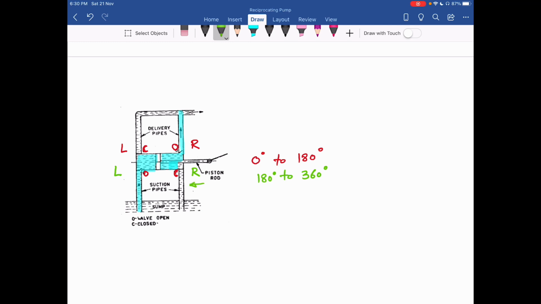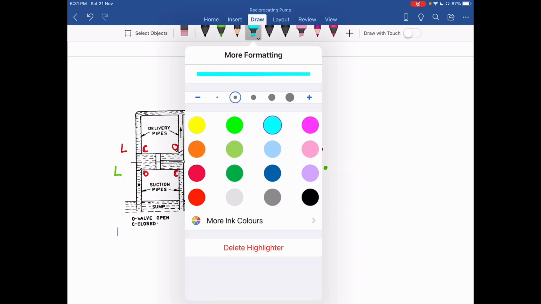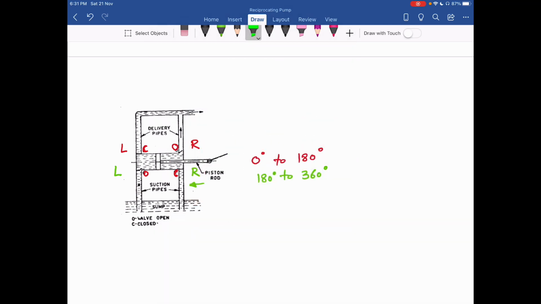Okay, this is the direction of piston movement. Okay, so at that time, you can see water comes from this side. So here the suction takes place and water delivers from this side to the delivery pipe.